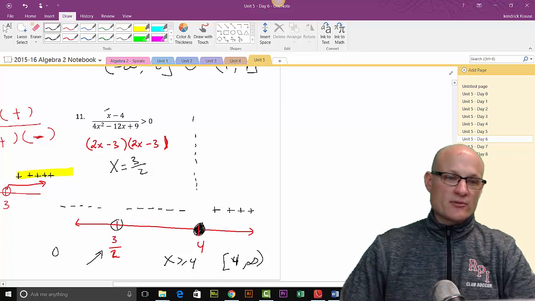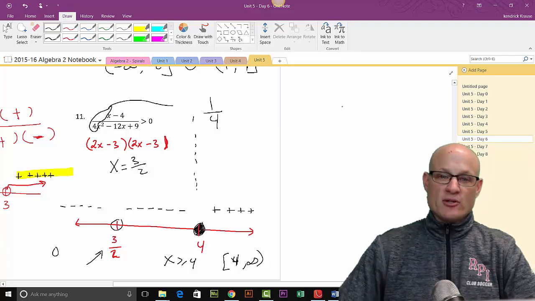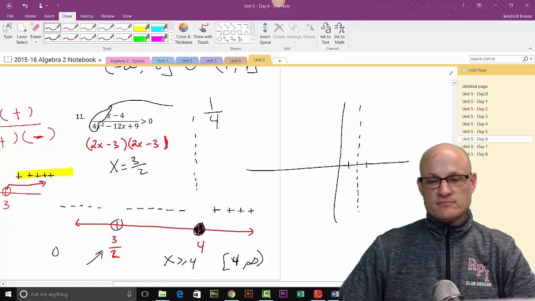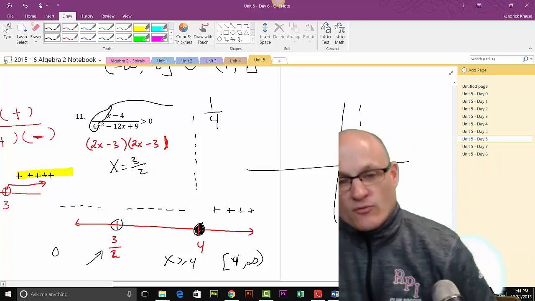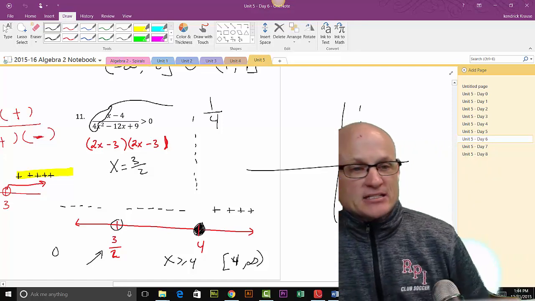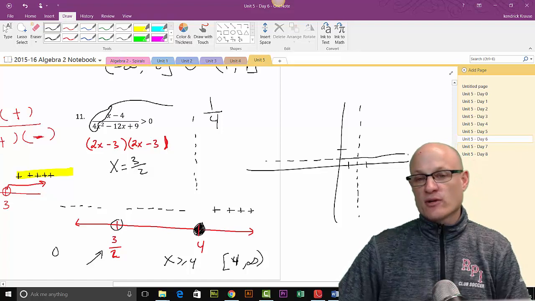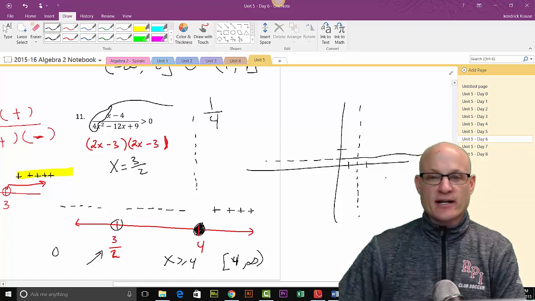Well, I have a horizontal asymptote at the ratio of these two things, which is 1/4. So at 1.5, I'm going to have a vertical asymptote, and at 1/4, so if this is 1, I'm going to have a horizontal asymptote. Sorry, that should be a dotted line.